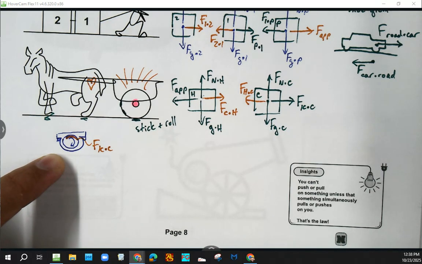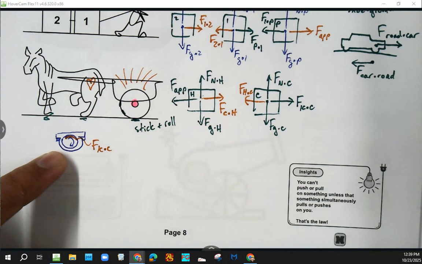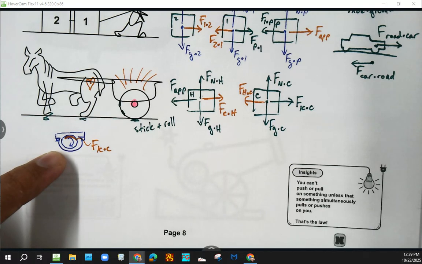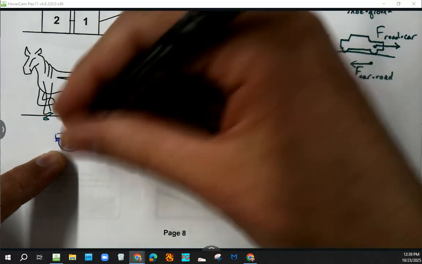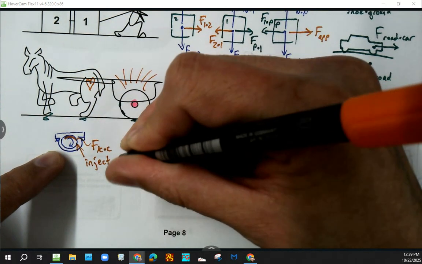And so people say, well, how are you going to deal with that? We don't want to have friction. We'd like to get rid of friction. What do you think the people in that society would probably do? Oh, they wouldn't have had bearings yet. Something even simpler. Well, not water. Water's going to cause more rubbing. Oil. Oil is probably the best bet. So we're going to inject a lubricant.